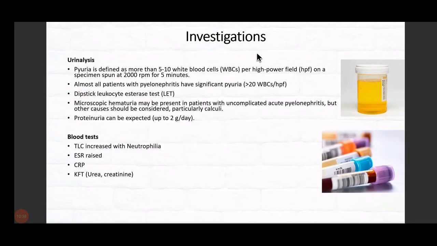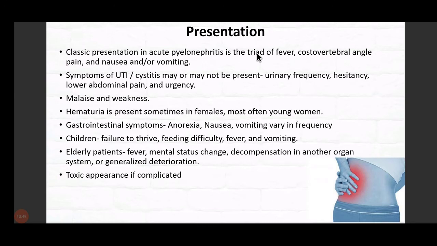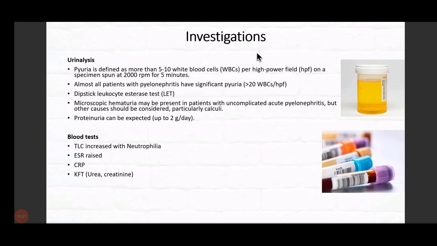How to proceed? When we get a patient with fever and costovertebral angle tenderness, you will need some kind of investigations. I've listed the blood and urine investigations followed by radiological investigations. So in urine analysis, what can we find? We can find pyuria, that is the presence of white blood cells in the urine, which happen in response to this infectious agent.